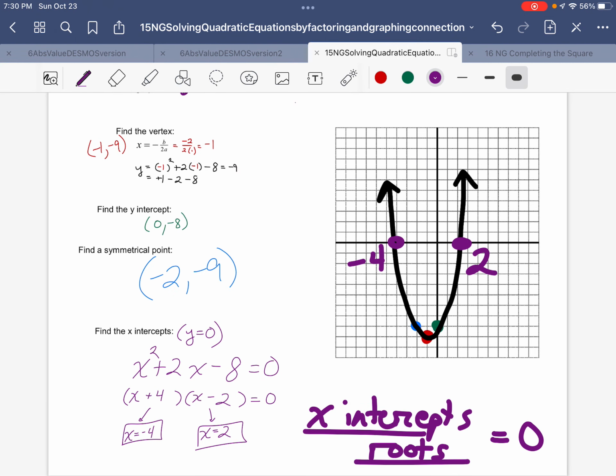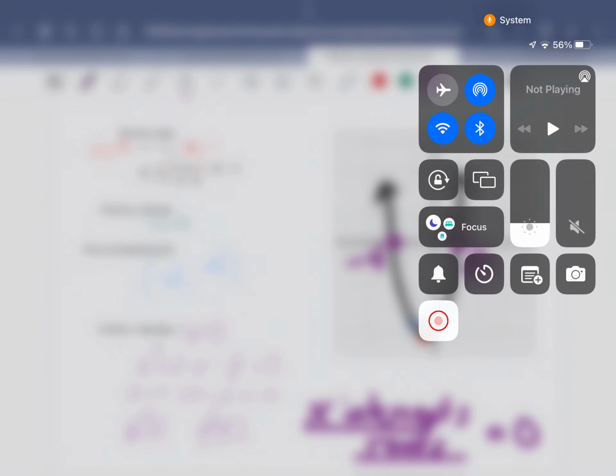Again, the x-intercepts end up being the values that make the equation equal 0. Well, pretty cool. We will come back to that idea, although it'll be the same idea, but we'll come back to it and we'll really hammer it. But for today, that's it.